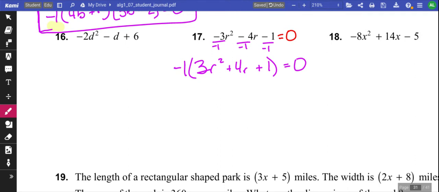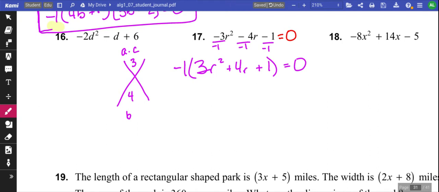For grouping, again, I always still use this little x, but what goes in the bottom, that's the same, it's just b. But what goes in the top is not just c, it's a times c. So not 1, I get 3 times 1, so 3.